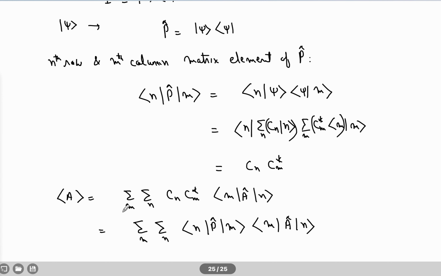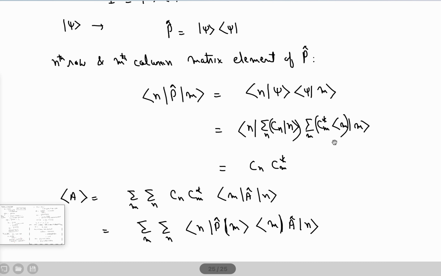So now again you see that this summation over m is applied only on this part, right? So this becomes the identity operator, or the unitary operator, of whatever order the number of eigenstates will be, right?